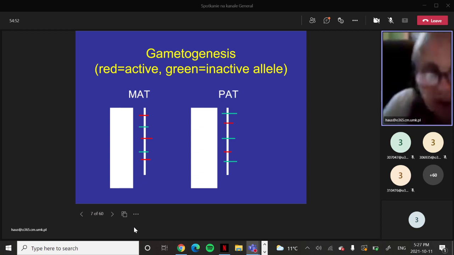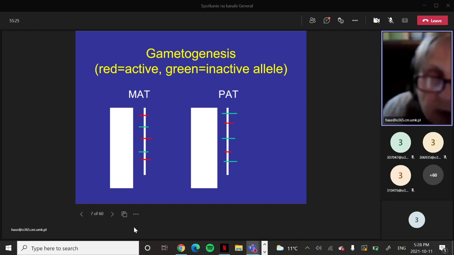Like here on this picture, you can see a fragment of a chromosome in the future mother and future father in late gametogenesis. We can see that this first gene is imprinted in paternal gametogenesis. So the paternal allele is imprinted, it is inactive, and the maternal allele is active.